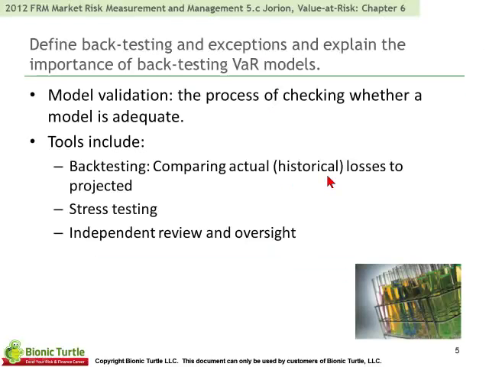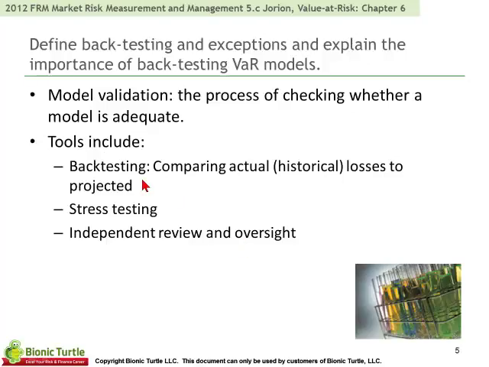So we start with Chapter 6, define backtesting and the exceptions and explain the importance of backtesting VAR models. So model validation is the process of checking whether a model is adequate. And then in terms of just the definition of validation, Jorion has as types of model validation backtesting, stress testing, and independent review and oversight.